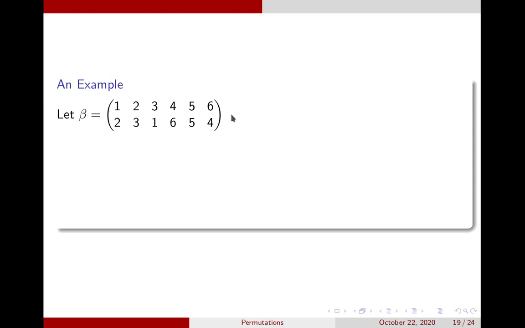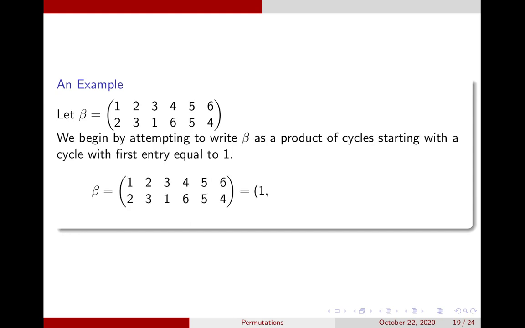If you're going to write something as a cycle or a product of cycles, the traditional way is to start off with a cycle whose first entry is 1. So we're attempting to write beta as a product of cycles, and we're going to start with a cycle whose first entry is 1. You need a starting point.